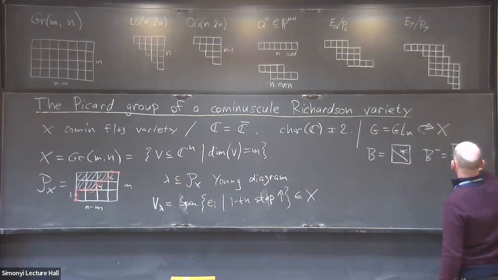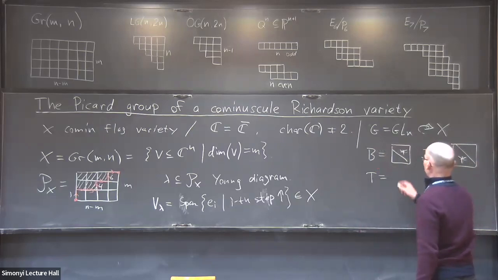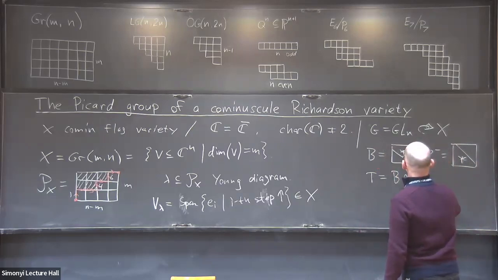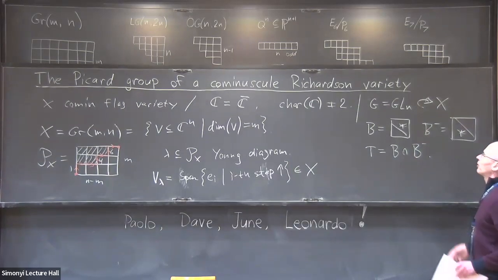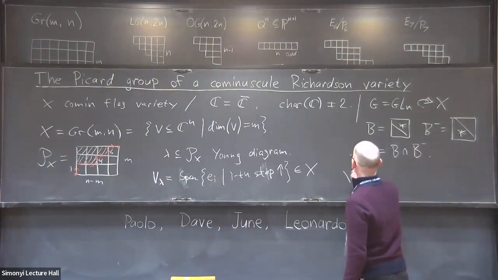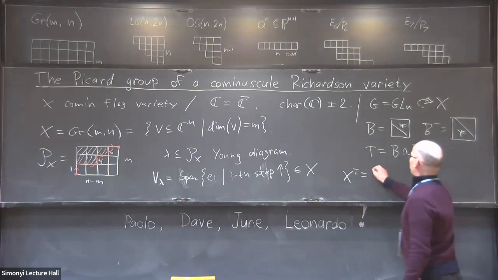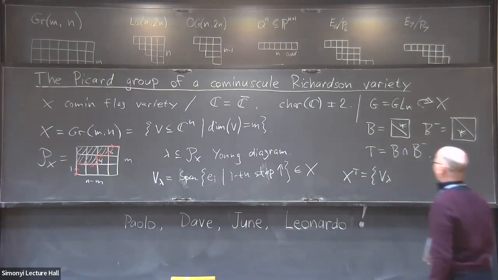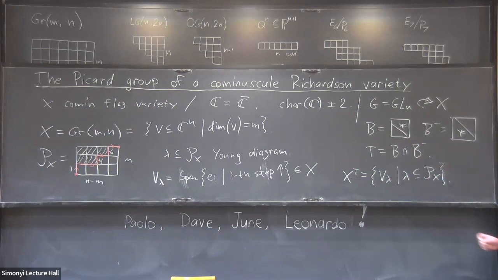And the maximal torus will be the intersection, of course, and the T-fixed points of the Grassmannian will just be the set of all these special points V_lambda, where lambda is a Young diagram inside the rectangle.